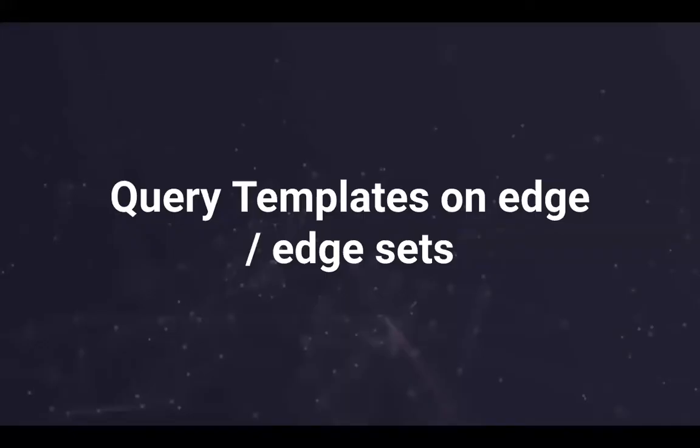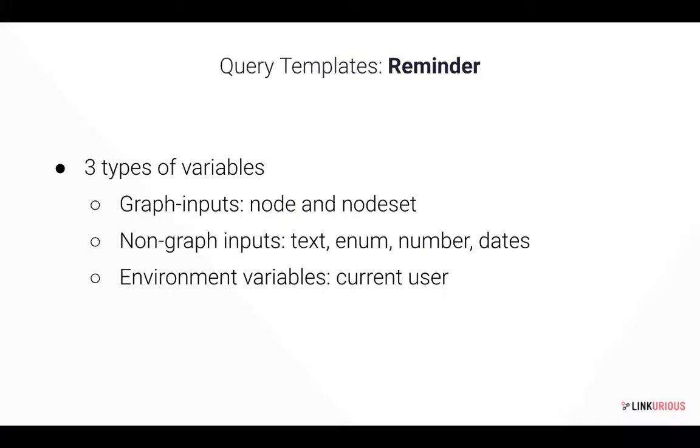Moving on to the next section about query templates on edges and edge sets. As a reminder, I'm not going to go into full details about query templates. If you are new to that, you can still go to our Linkurious Enterprise 2.7 webinar, or you can attend the next deep dive webinar that is going to happen in the next few weeks.